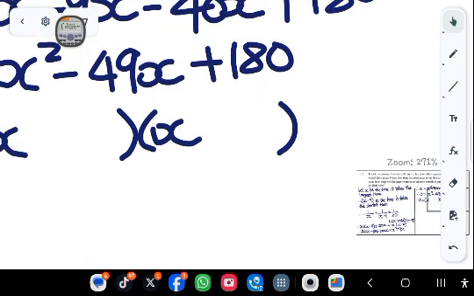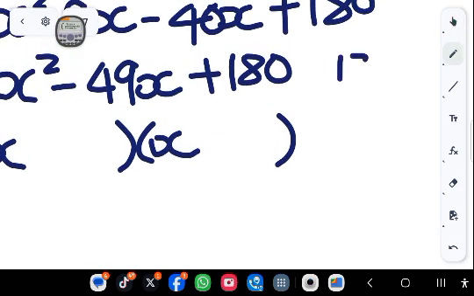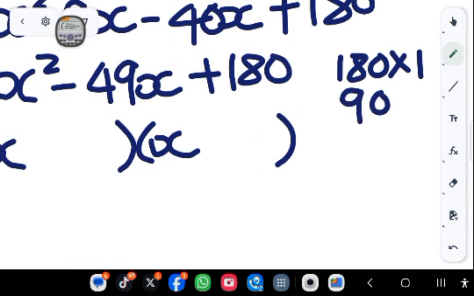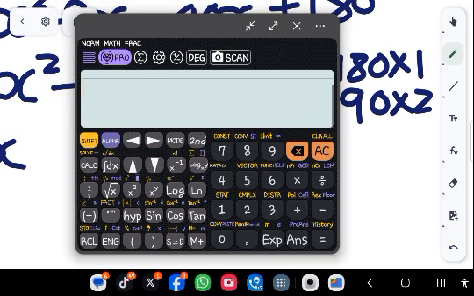Alright, now let's find factors of 180. We need factors that give us 49. So that's 90 times 2. Let's see, 180 divided by 3.